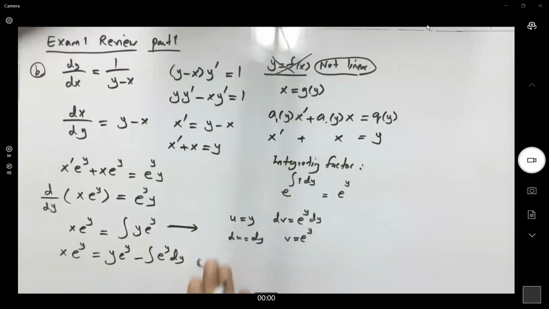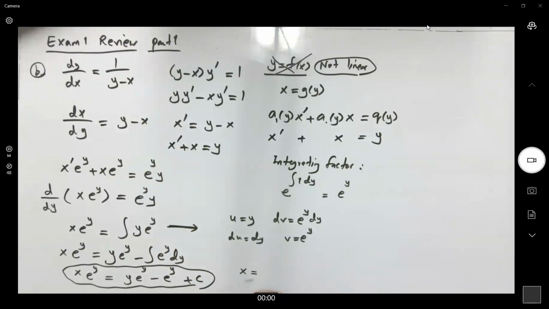So now you have x e to the y equals y e to the y minus e to the y plus a constant of integration. We can divide everything by e to the y, and then x becomes y minus 1 plus c e to the negative y. Either write it in this form or isolate your x on the other side.